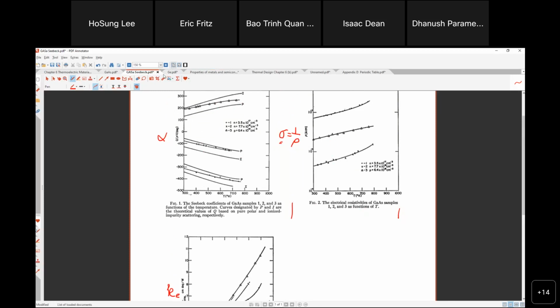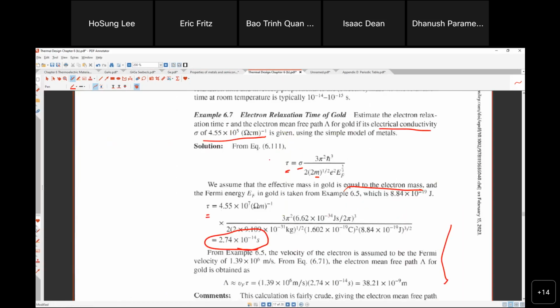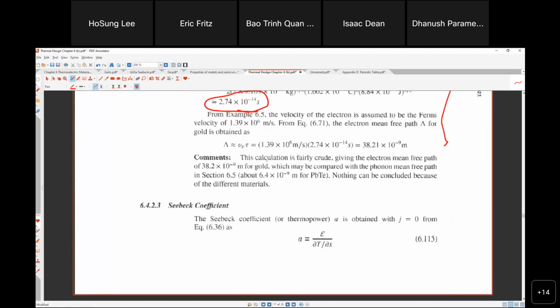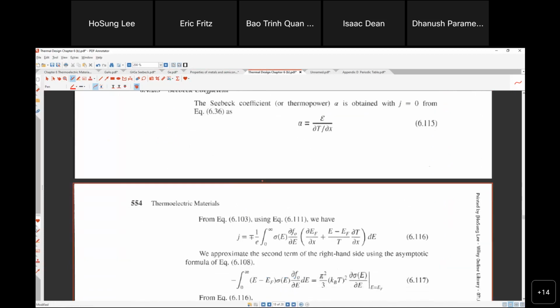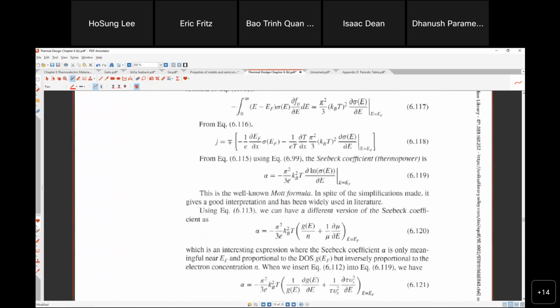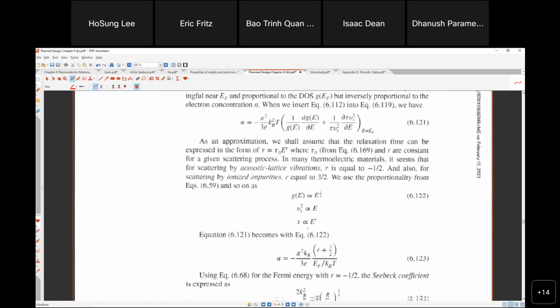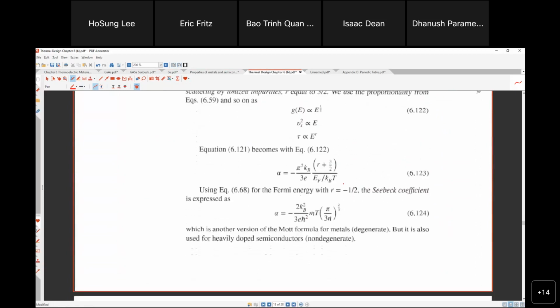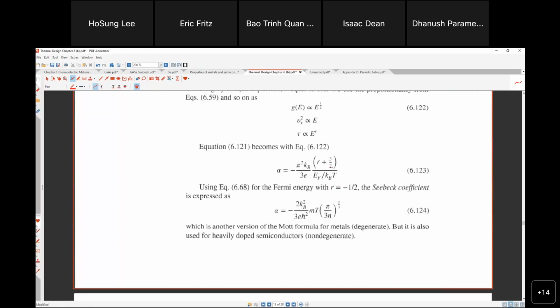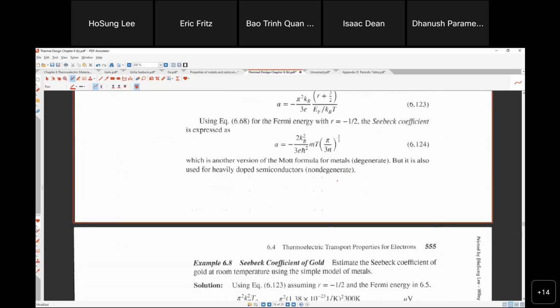Now I'd like to look a little bit more at this. This is the CVEC we discussed, the Mott formula we discussed, and some in terms of R, which we'll discuss.